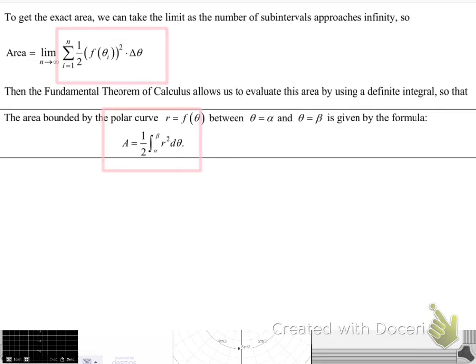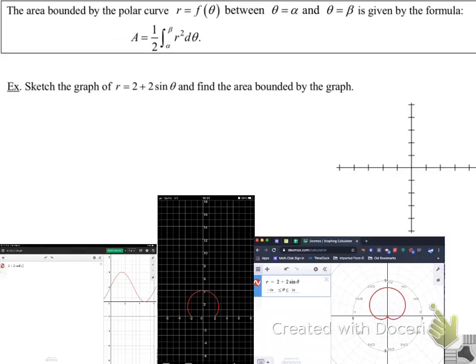The next bit has to do with your calculator, and it really overwhelms a lot of people. So you are asked to sketch the graph of 2 plus 2 sine theta and find the area bounded by the graph.